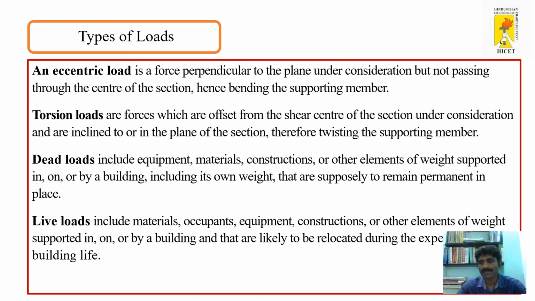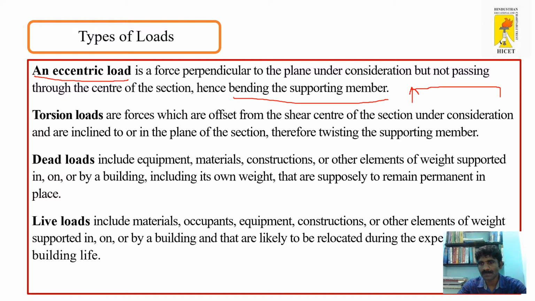The next type of load is an eccentric load, where the forces are perpendicular to the plane under consideration but not passing through the center of the section. As a result, bending of the supporting member occurs. Let me put this in a simple way.